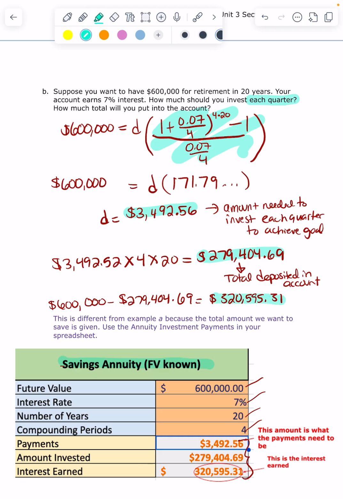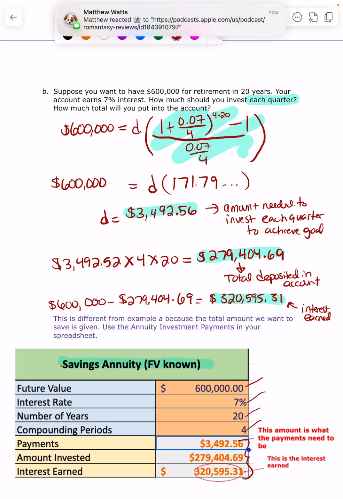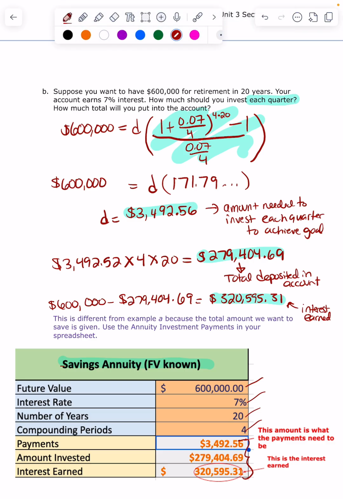It didn't ask us for that, but it could. Interest earned. So the interest earned is money. It's like free money. It's money you didn't have to work for. It just gets added to the investment with the interest rate.